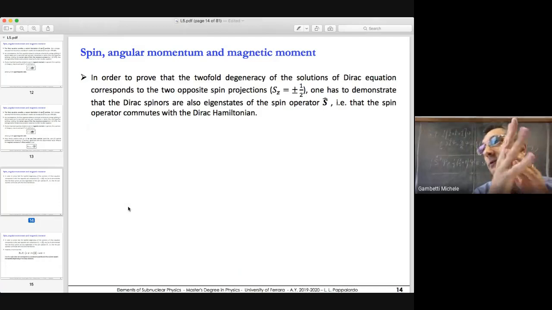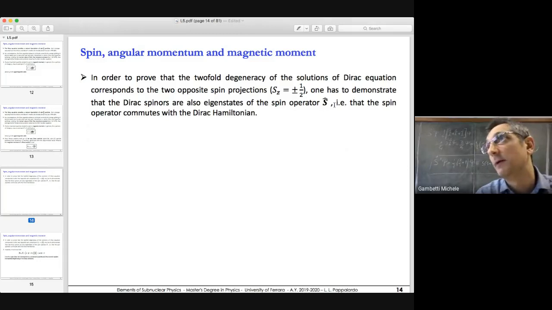Now, we still have to solve the problem of the two-fold degeneracy, okay? In order to prove that the two-fold degeneracy of the solution of the Dirac equation corresponds to the two opposite spin projections, spin up or spin down, one has to demonstrate that the Dirac spinors are also eigenstates of the spin operator. So not only of the square spin operator, but also of the spin operator.